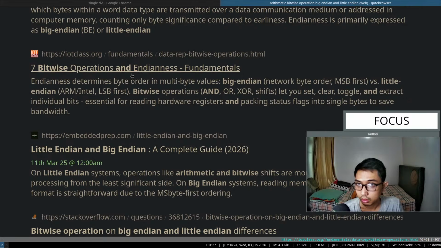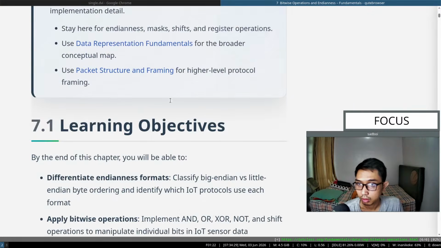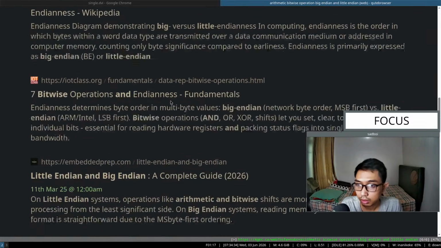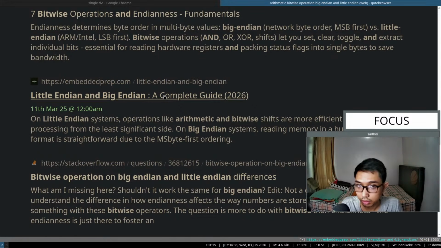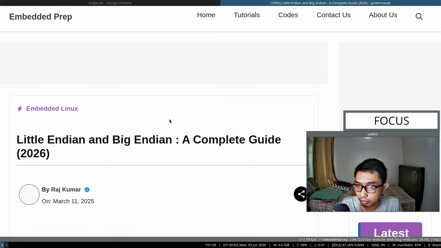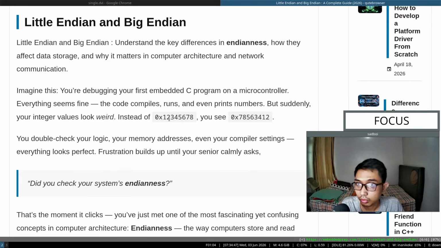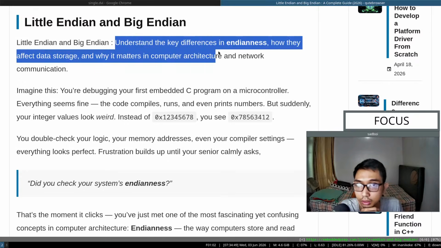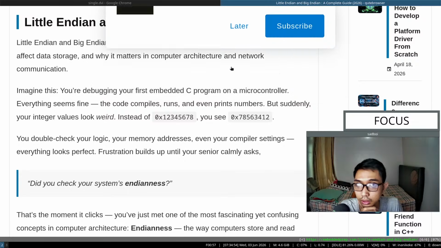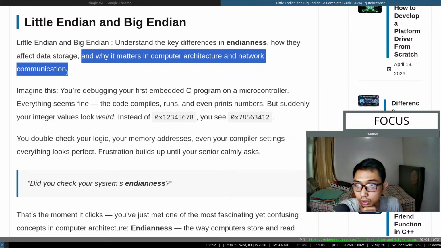Okay, let me check this. Or maybe this one. Okay, how it affects data storage and why it matters in computer architecture and network communication.